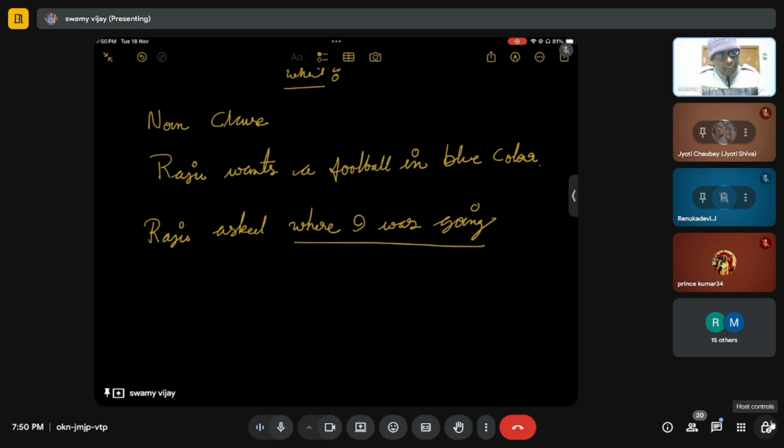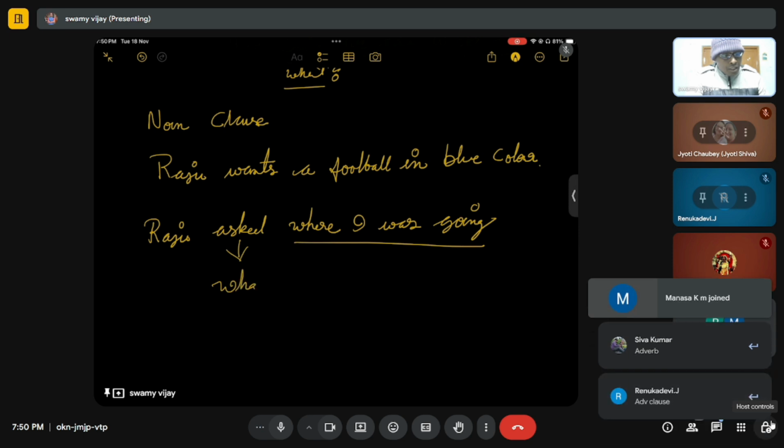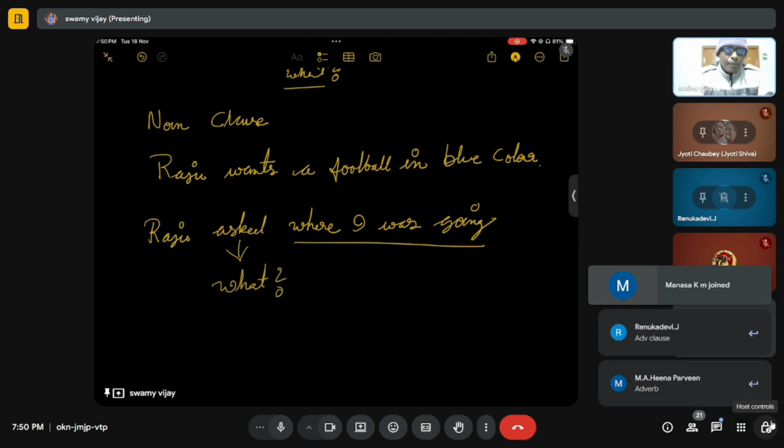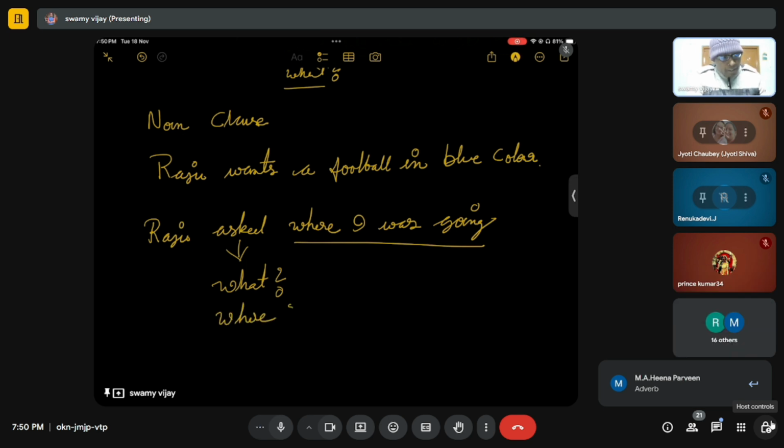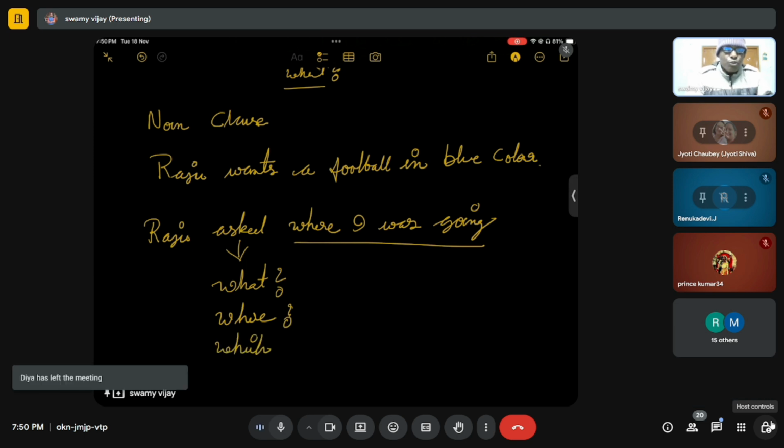To identify that, we have to pose a question to the verb in that sentence. Raju asked what? Raju asked where? Raju asked which? To which question do you get the answer?